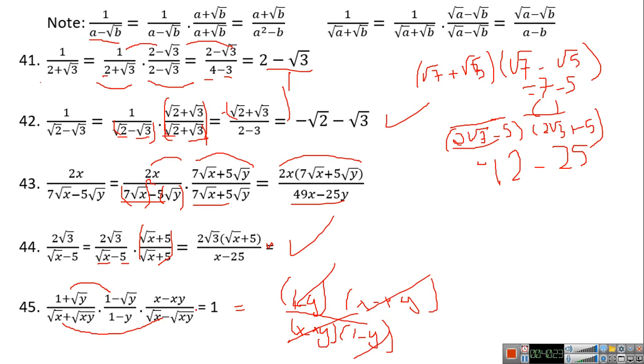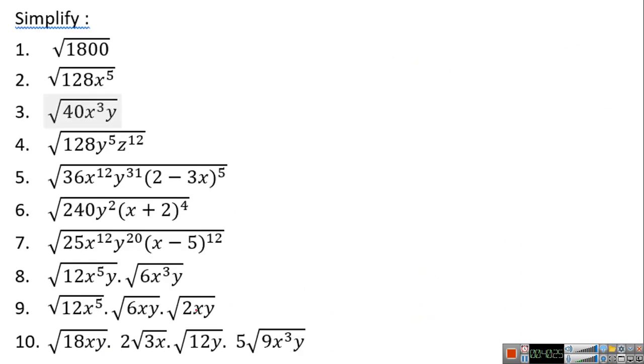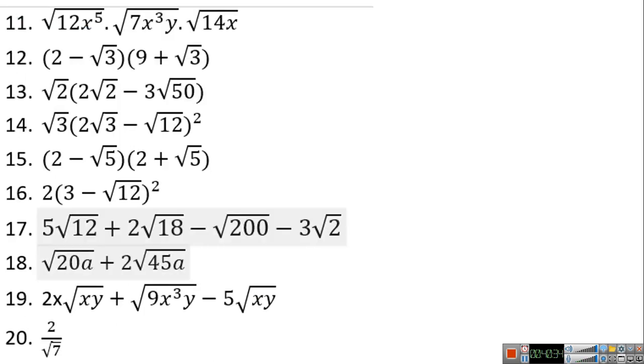I want you, after listening to this video, to do this homework. This one you can screenshot now and do it. It's a summary of everything. Here you have one monomial.